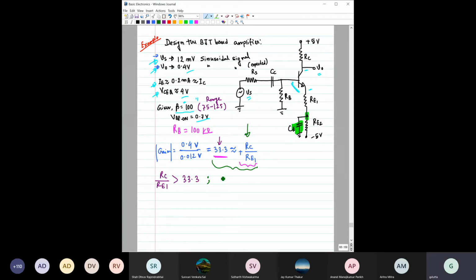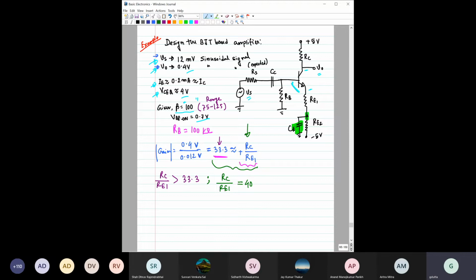So we have to take some value to start with. Let's say this RC by RE1 is equal to 40. Now we are trying to design these values, and we are trying to approximate what the values should be. Later on, we can check whether we are getting the desired values or not.